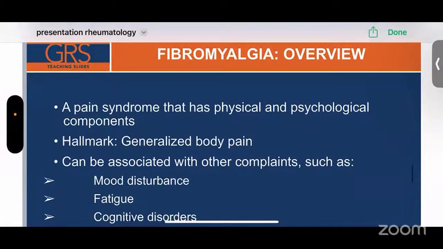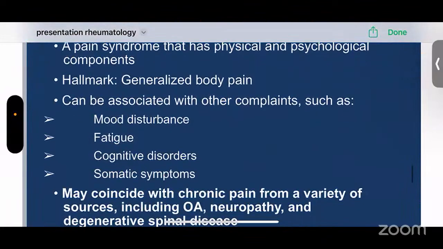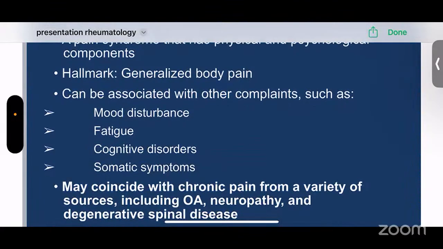The hallmark is generalized body pain. It can be associated with other complaints such as mood disturbance, fatigue, cognitive disorders, somatic symptoms, and as we said previously, women are the majority in rheumatological disease.